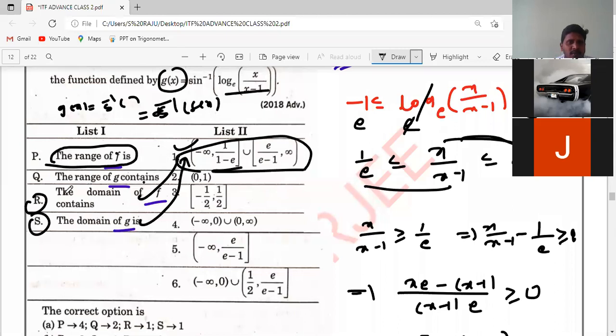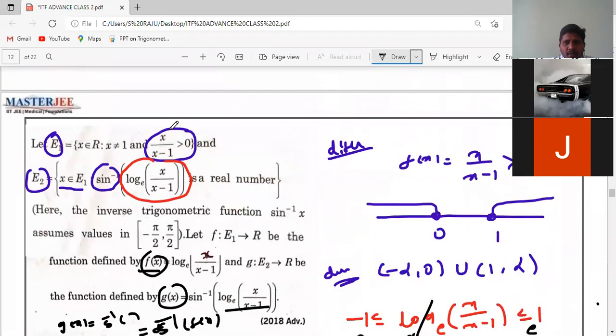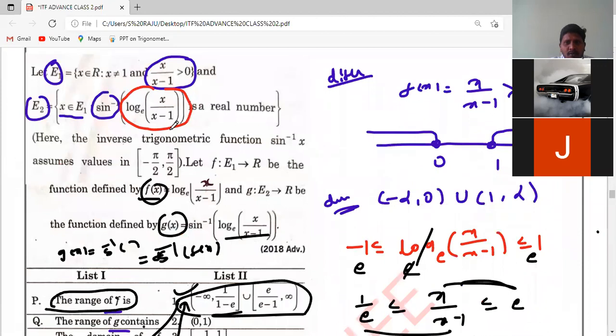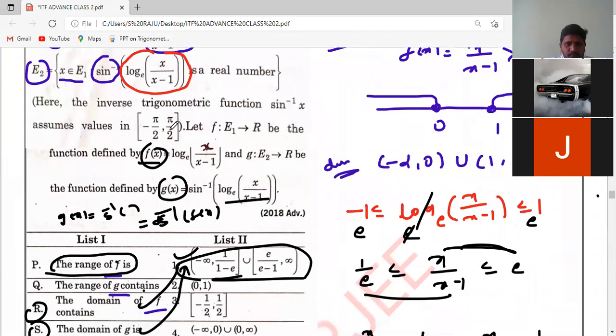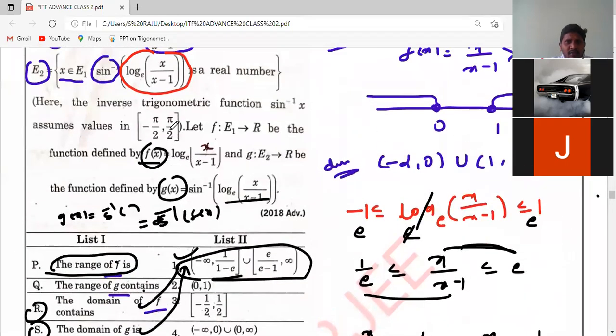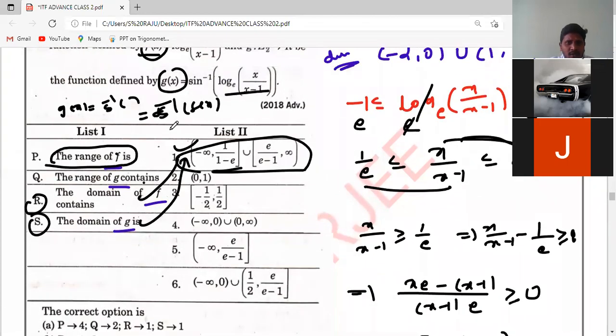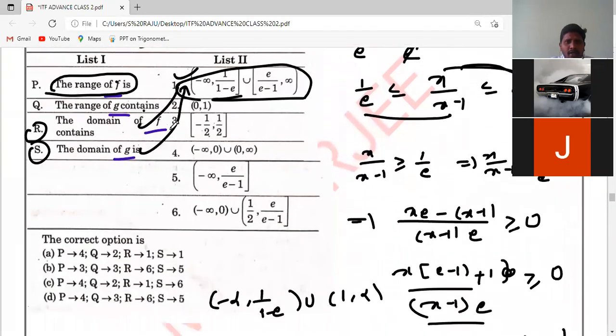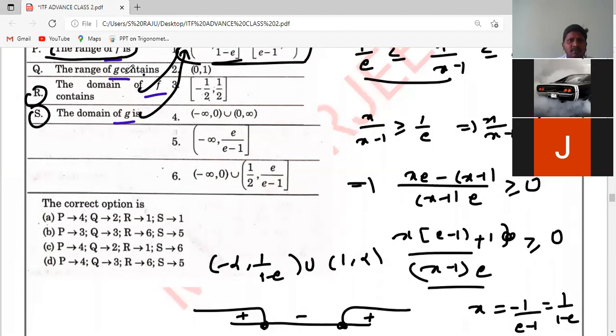Coming to the range, what will it be for this f? What is the domain we got? Minus infinity to 0 union 1 to infinity. So here we need to simplify this, but it will take a few steps to find the range of f and the range of g.